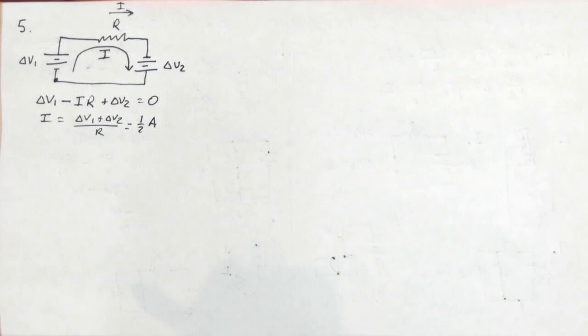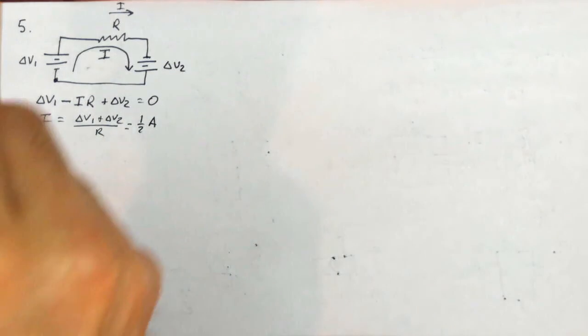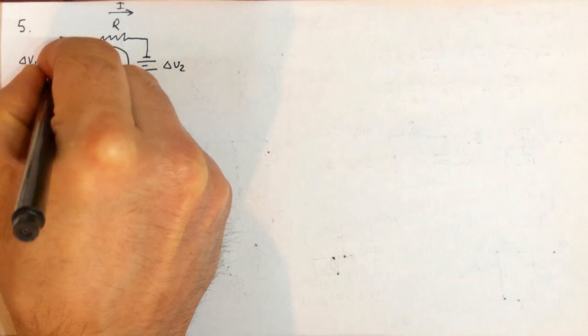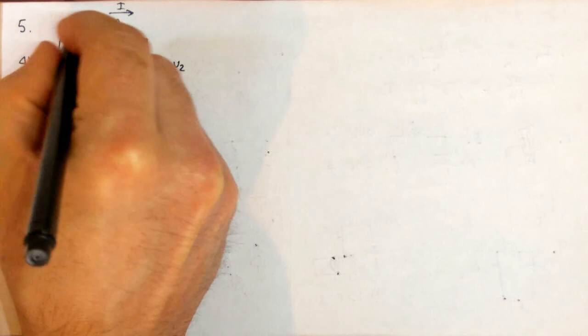Now, the second part of the question says, plot the potential as a function of position along this loop. To help, I'm going to define some positions. I'm going to draw some dots here.